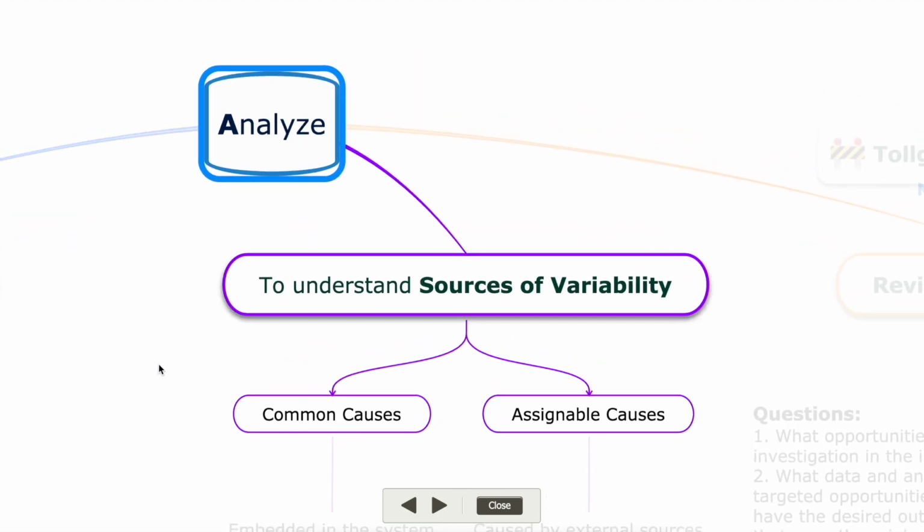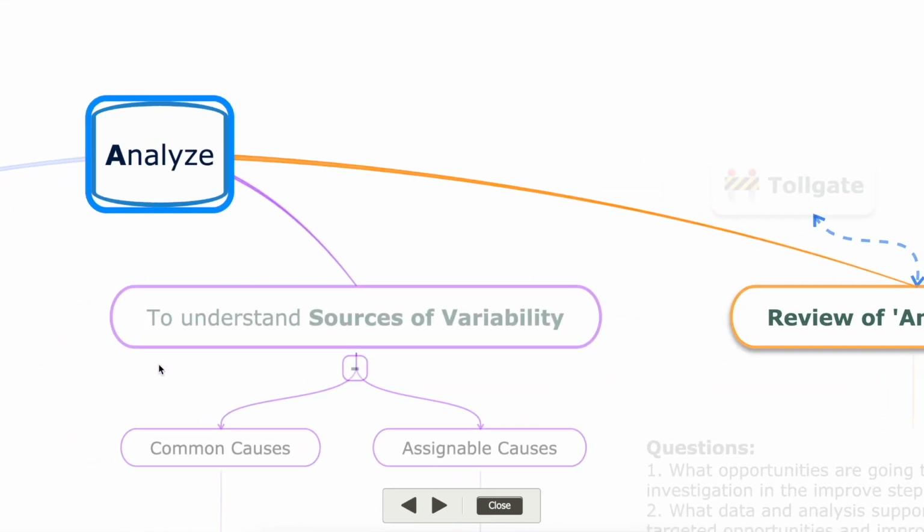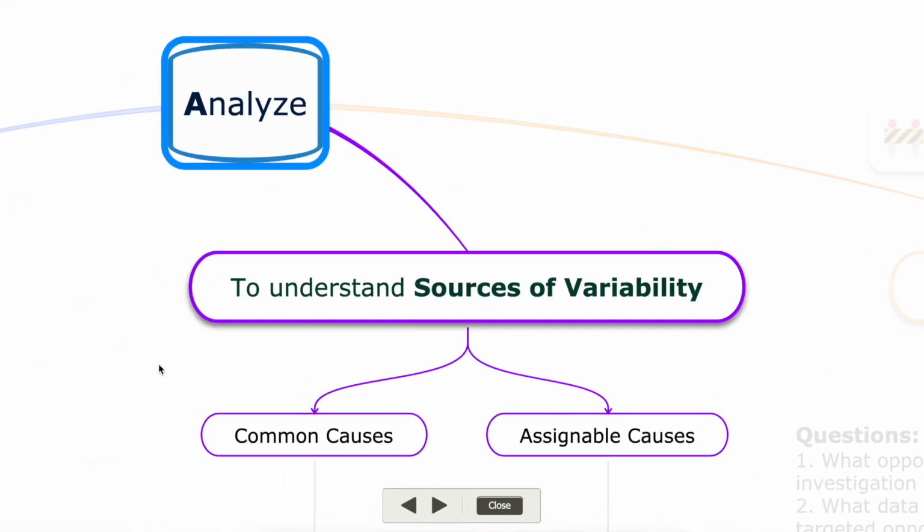When we go for understanding the sources of variability, there can be two types of causes which can cause variability in the process. One is common and the other one is assignable. The common causes are those which are intrinsic or embedded in the process, and the assignable are the ones which can be assigned or which are caused by some external sources.